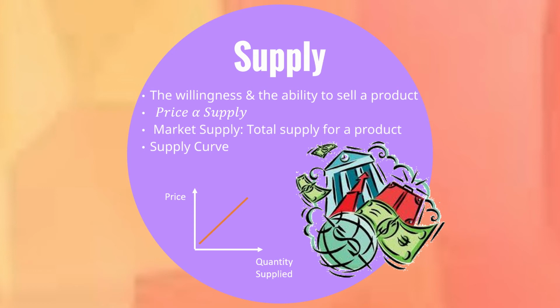Price is proportional to supply. This means that when price increases, the supply also increases. It's basically a mindset.